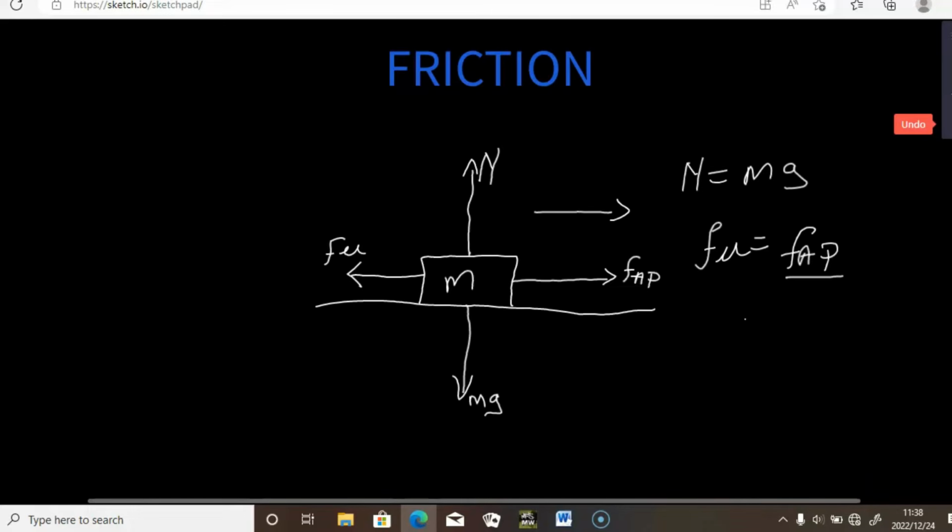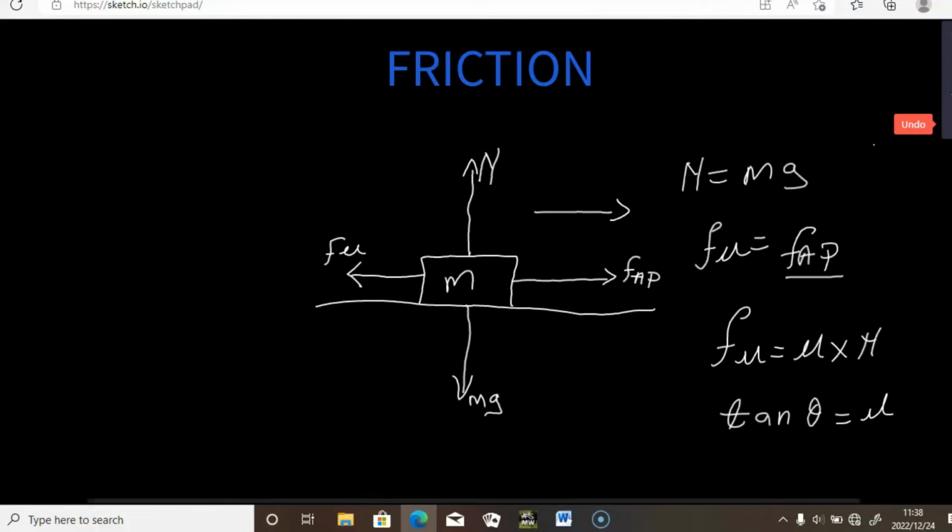And we know that frictional force is equal to the coefficient of friction, which is mu, times normal reaction. We also have another equation, that tan theta is equal to mu. You will know about the tan theta later in the second video. But for now, we are going to continue.